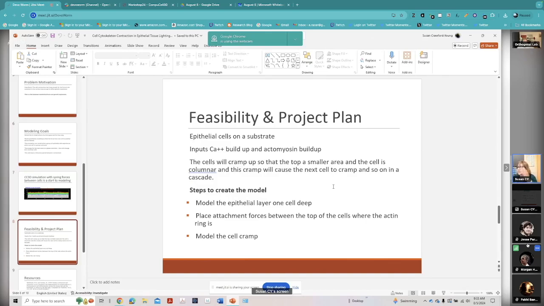And this should cause a cascade of cell cramping in the epithelial layer. So to model the epithelial layer one cell deep, place attachment forces between the tops of the cells where the actin ring is, and model a cell cramp.